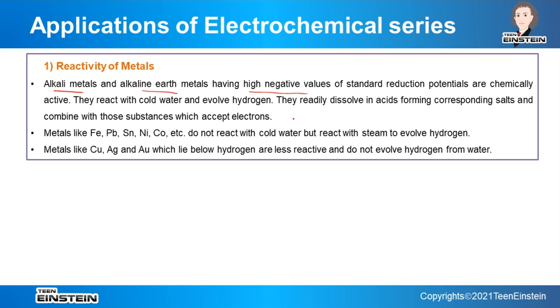That means they have a high tendency to feed electrons, that is, they lose electrons and get oxidized. They can react with cold water; even hot water is not necessary. Their tendency to lose electrons is so high that they can react with cold water and evolve hydrogen.